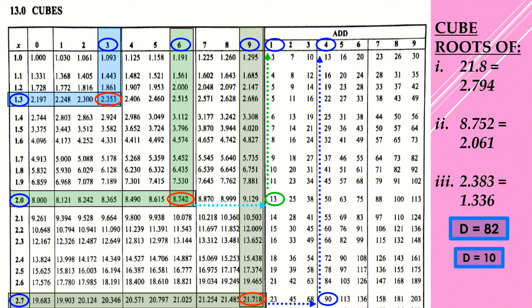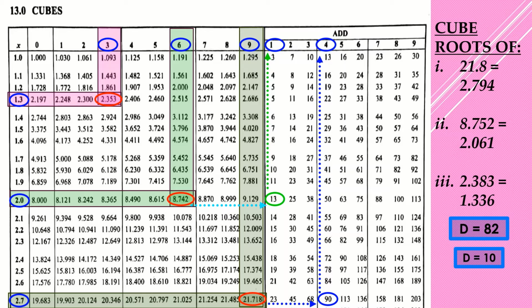No, it is not satisfied. Why? We did not get exactly 2.383 in our tables. So there is a difference, and that difference is the one that we need to get first and see where we can get it in the next table, that is the add table.